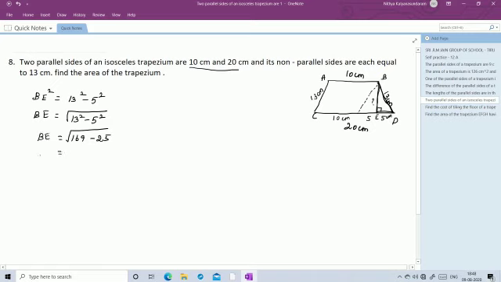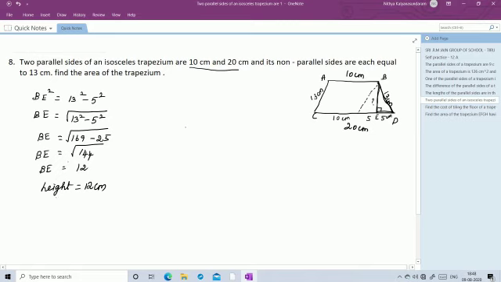So BE is equal to, subtract 169 minus 25, is 144. So BE is equal to square root of 144, which is 12. So height is 12 centimeter. Now we know the height, and the parallel sides are 10 centimeter and 20 centimeter.